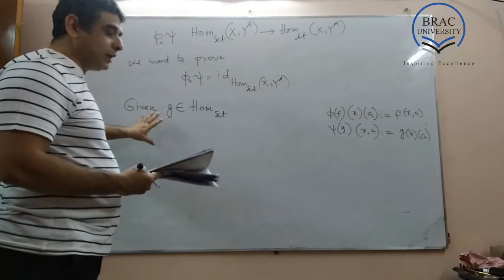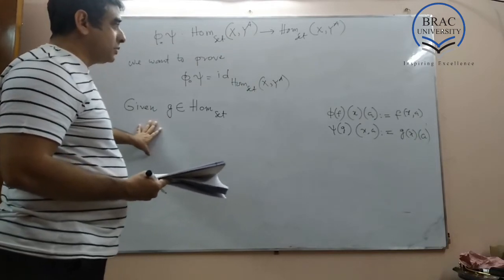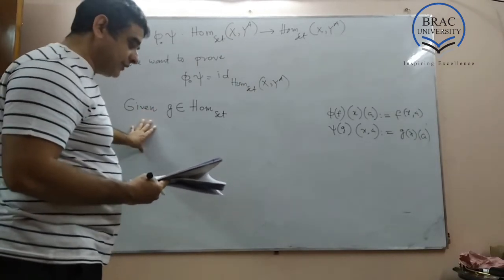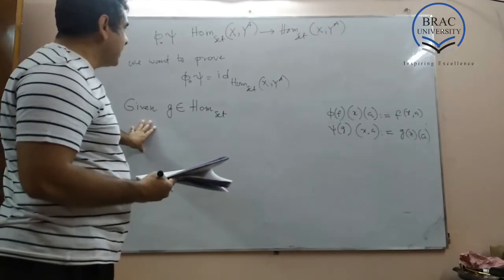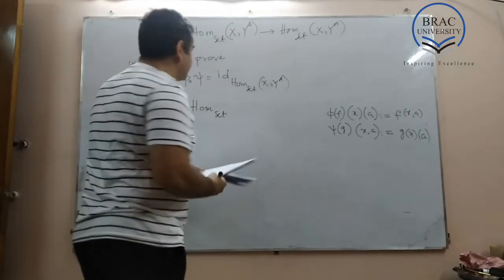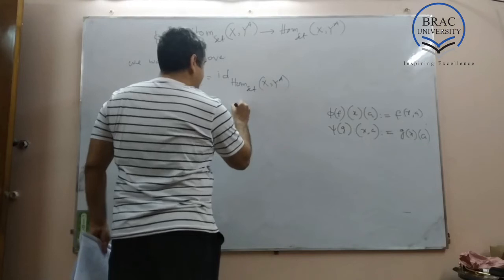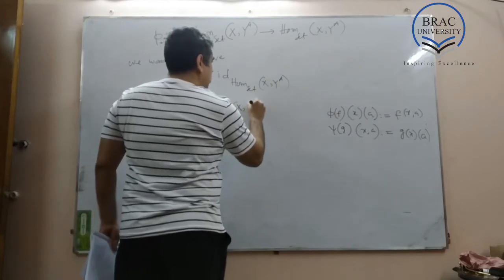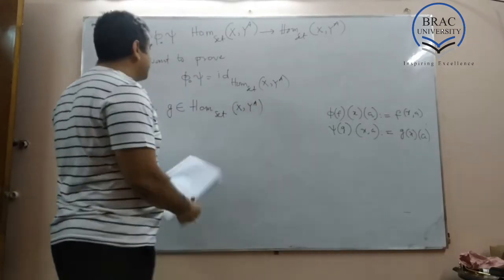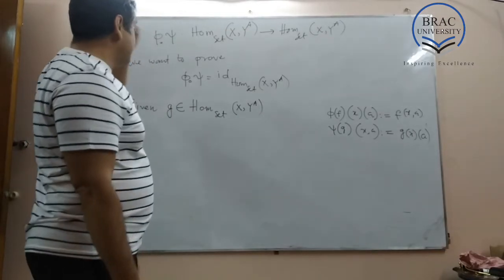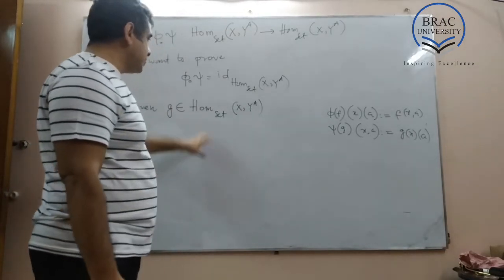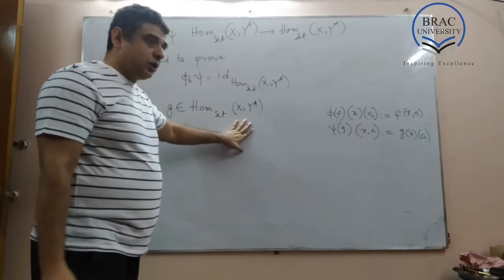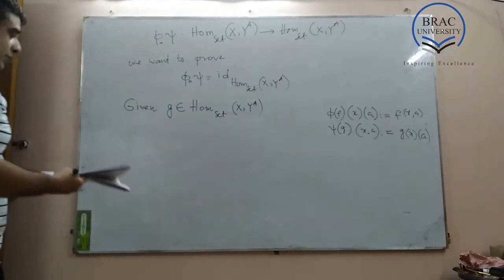I don't want to leave the rest of the proof for the second segment. Okay, so g is an element. So we pick up an element from the domain of this map, which is precisely the home set from x to y to the a.